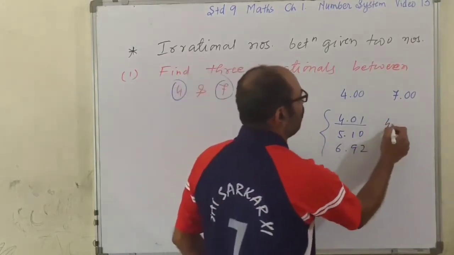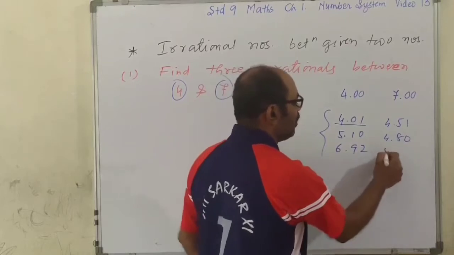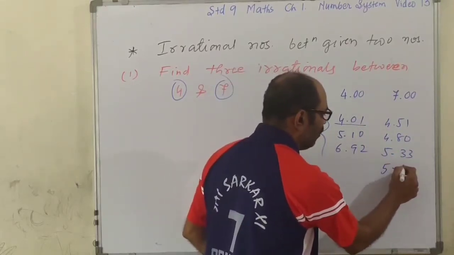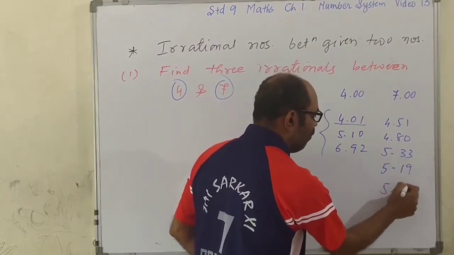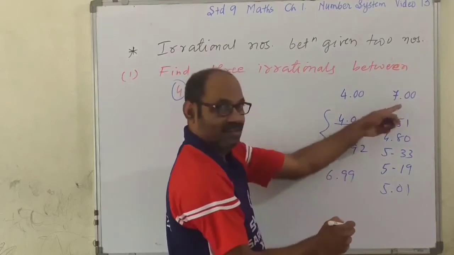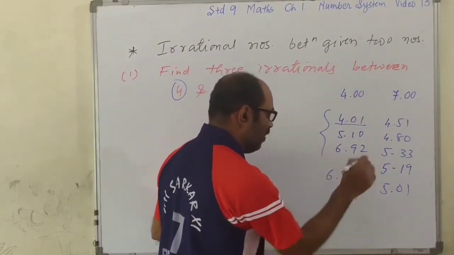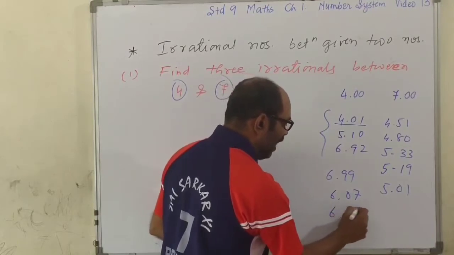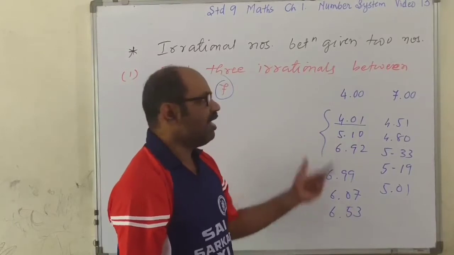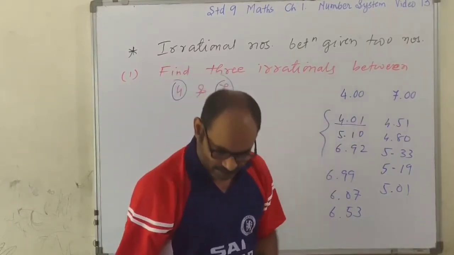You can take 4.51, 4.80, 5.33, 5.19, 5.01, 6.99. It is between 4 and 7. You can take 6.037, you can take 6.53. Anything, any 3 numbers you choose between 4 and 7.